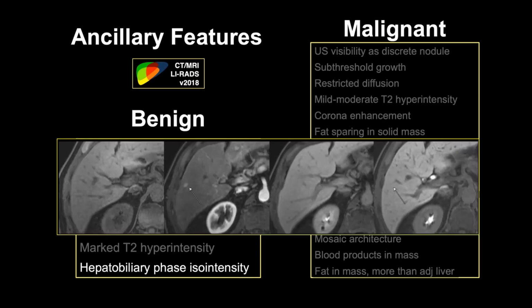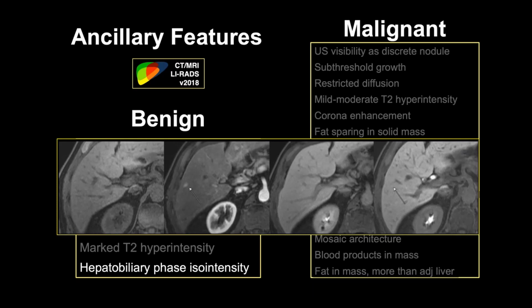The final ancillary feature is hepatobiliary phase isointensity, which refers to the signal intensity equal to or near equal to background hepatic parenchyma when using hepatobiliary contrast agents.